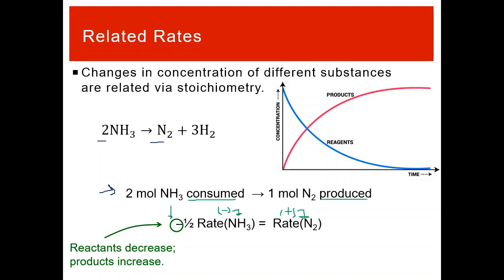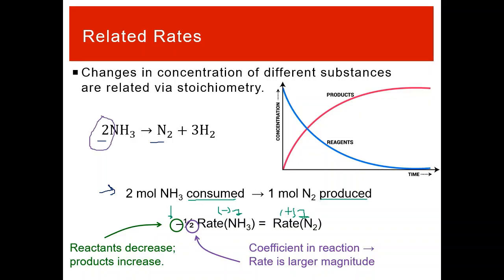Okay, so that's the first thing, that there's always going to be a different sign in the rates between reactants and products. Then the 1/2 comes from the coefficient. You will note there is a 2 in this reaction. There's a 1 in front of N2. So basically what that tells you is you know that there will be 2 of these molecules reacting for every 1 molecule here that you make.